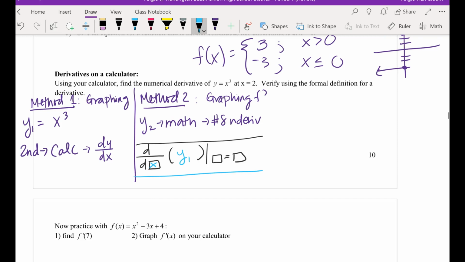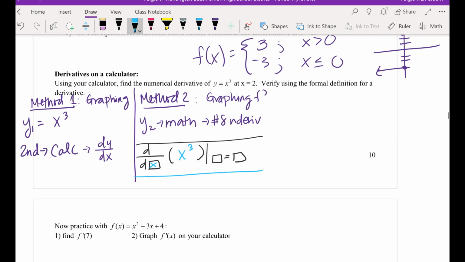Anybody know how? Vars is right. Go to Function, then y1.